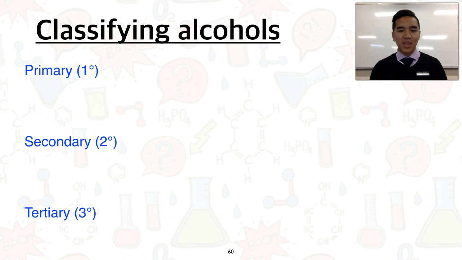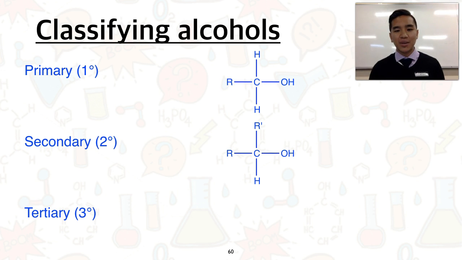So start off with a primary alcohol. What we can see here is that we have this hydroxyl functional group, which is bonded to a carbon, and this carbon itself is bonded to one other carbon atom. This R group here just indicates an alkyl chain, so it's the rest of the molecule that we're not really concerned with, but it should contain some type of hydrocarbon chain. This is different to a secondary alcohol.